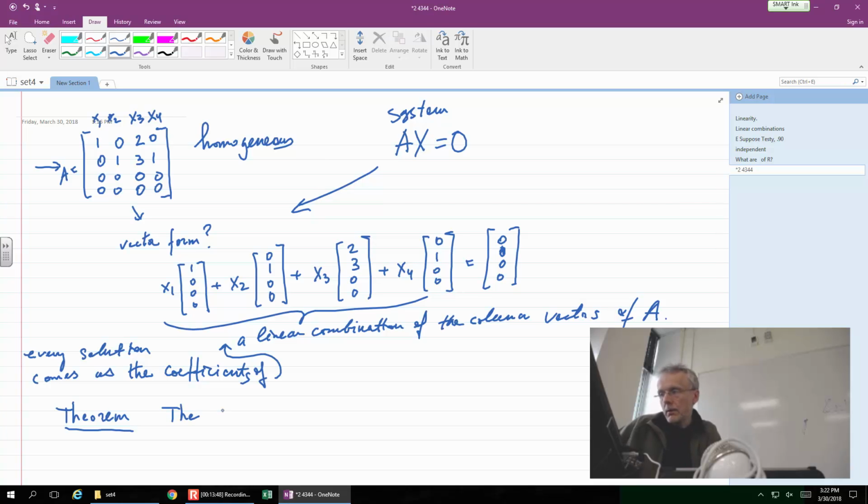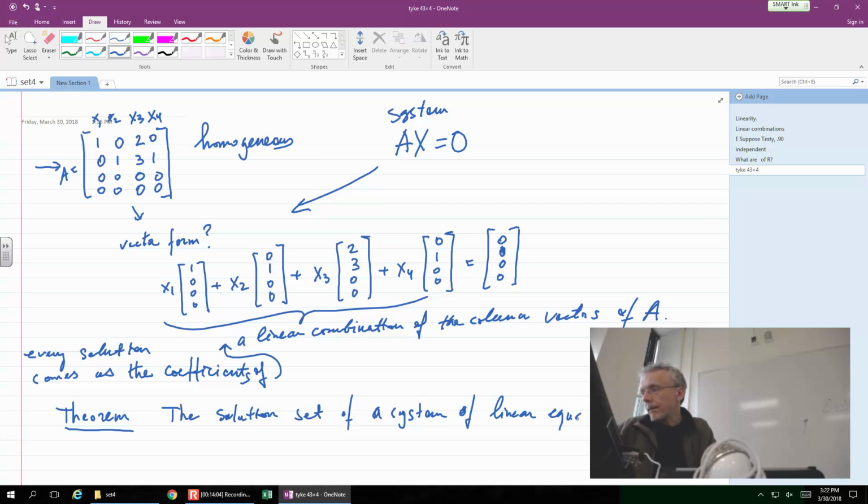The solution set of a system of linear equations over Rn, a homogeneous system, is a subspace.